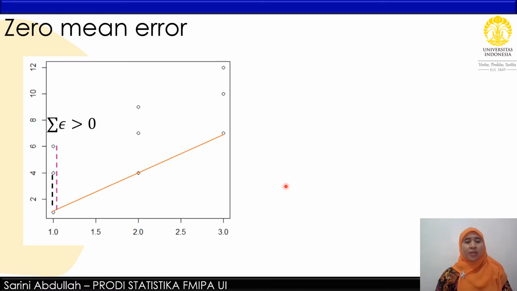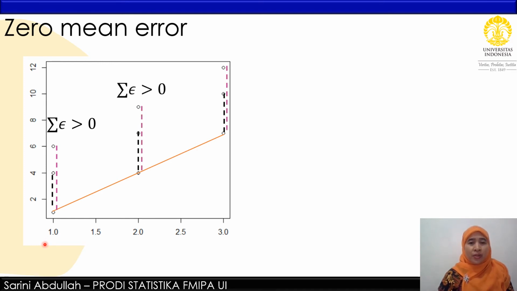So in total, we have a positive error for this value of x. The same applies here, and for the third value of x we also have positive errors. So in total, the errors for all observations give us positive errors, and we don't want this line either. We want the error to be as close as possible to 0.